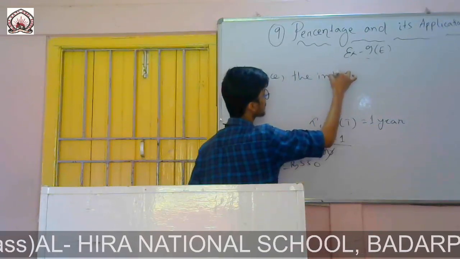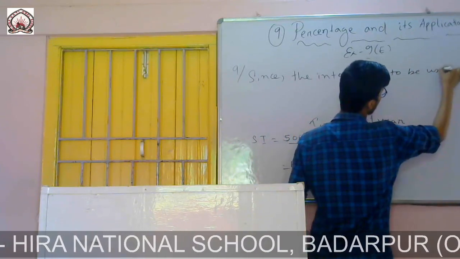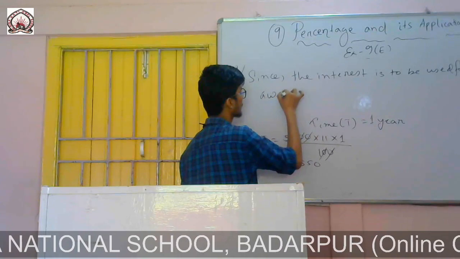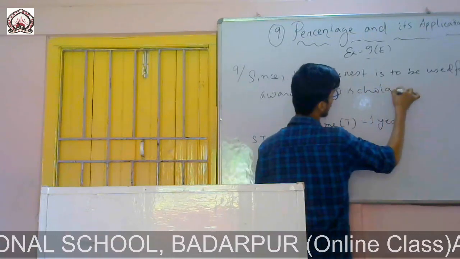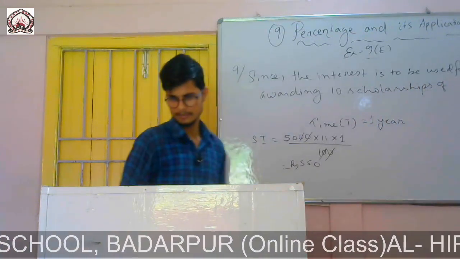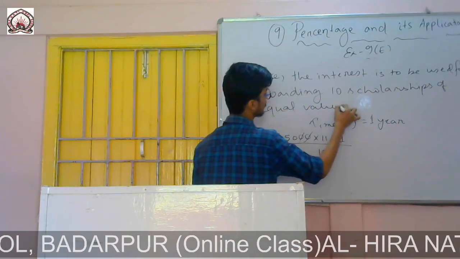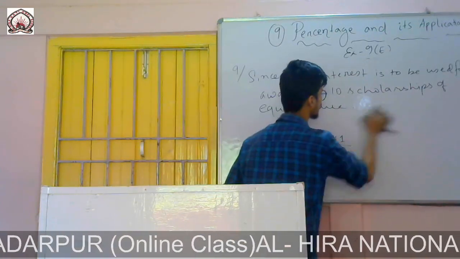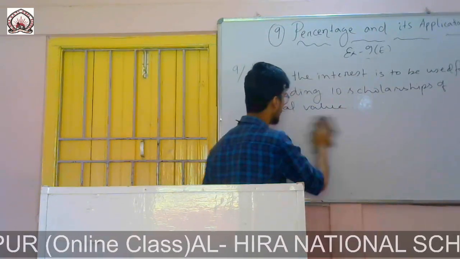Since the interest is to be used for awarding 10 scholarships of equal value, the value of each scholarship will be, this is the SI, that means 550 divided by 10.